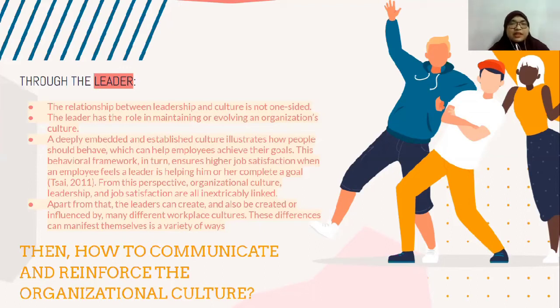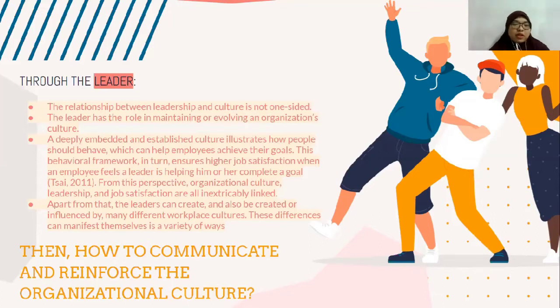And this actually has a very positive effect, as it can help him or her, especially in the particular company, to get what they want and have higher job satisfaction, as they feel that their leader has helped them complete the goal, which is based on research.